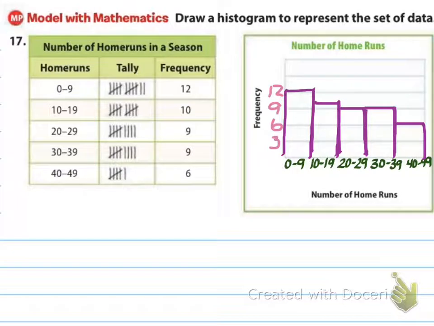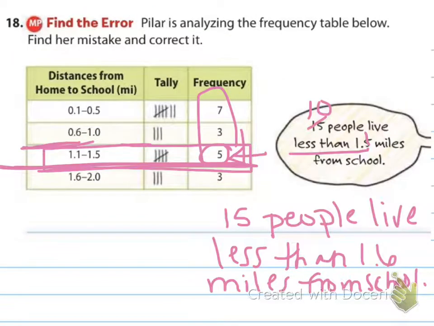I can say that most people had 0 to 9 home runs, and let's see how many people were in this. This is 18, 20, 36, so there were 36 kids that played this season, something along those lines. I don't know anything about baseball, sorry.